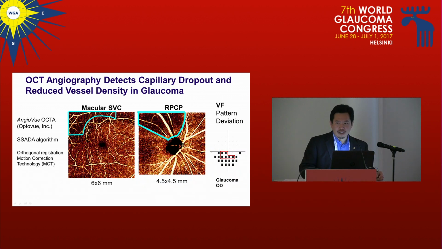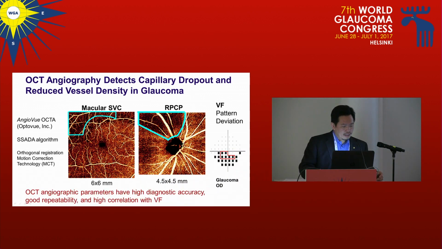And this allows detailed OCT angiography images from which you can detect the vessel capillary dropout in the macula in the superficial layers and also around the optic disc in the radial capillaries. And you'll hear talks that describe how this can help with diagnostic accuracy.